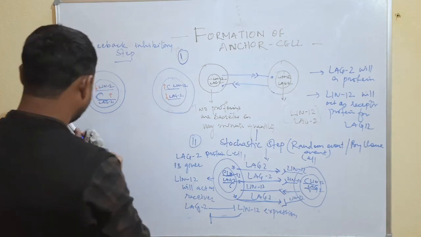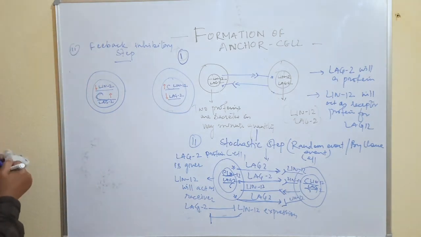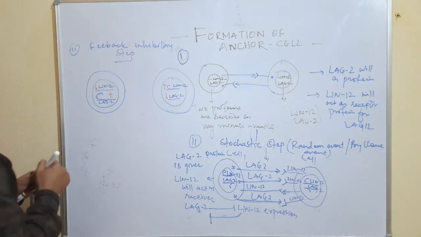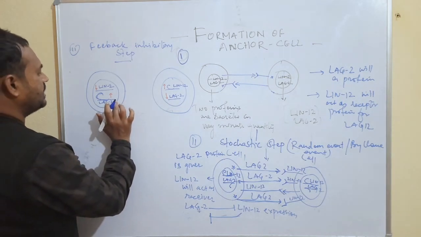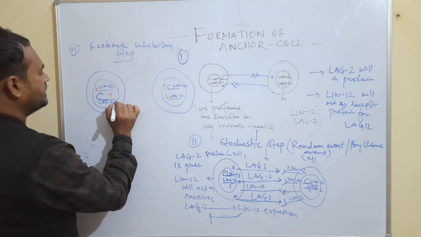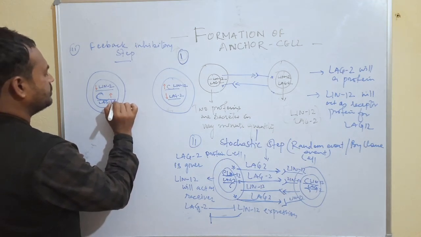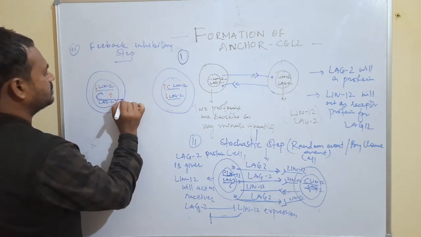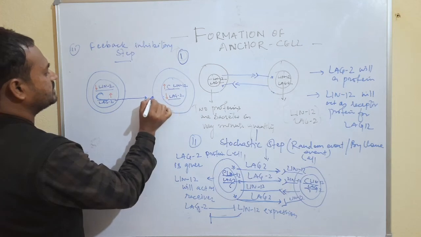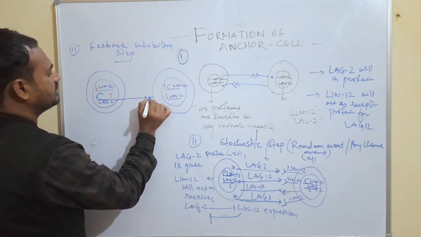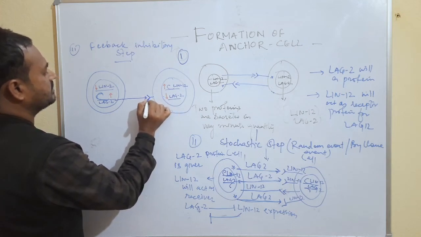It is very clear right now. Then what will happen here? Again, this is a lag-2 protein, and it will produce more, and this is a receptor, that is lin-12.